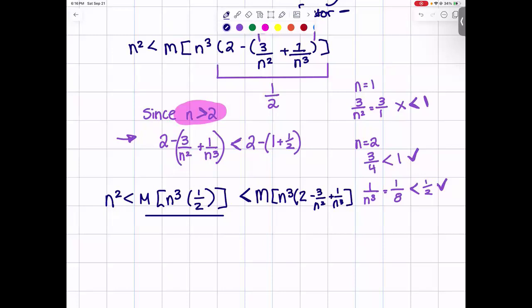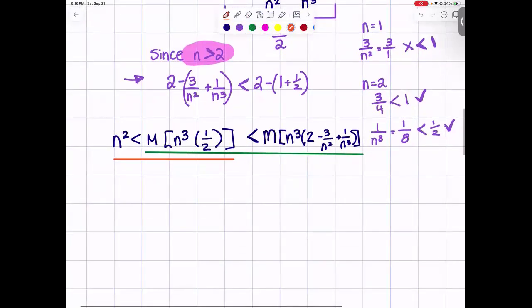So for that value of n, we've already shown this part to be true in our scrap work, but now we have to work our way through this side of it as well to make sure that we are picking an n that will uphold that bound as well. So let's keep doing that.